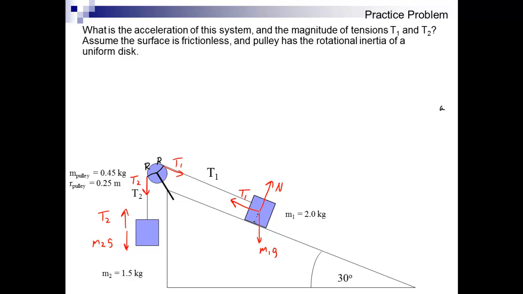This would be the vertical component, and this would be the horizontal component. And obviously I would be more interested in that horizontal component, which would be M1G sine 30 degrees. I'll just call it sine theta, because as we remember from before, this would be the angle theta, if we were to call this theta.